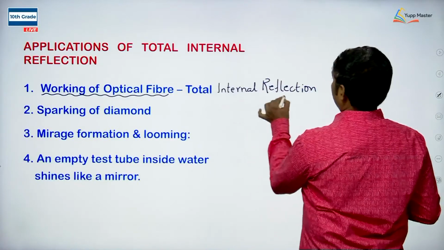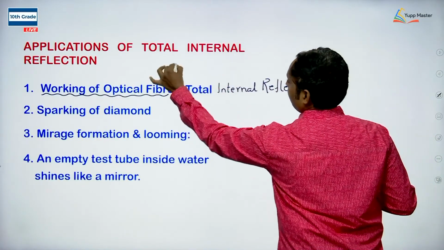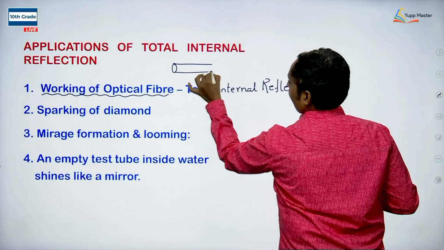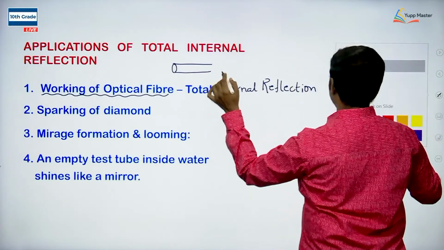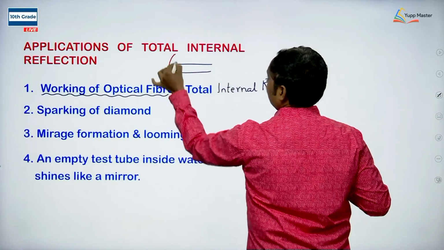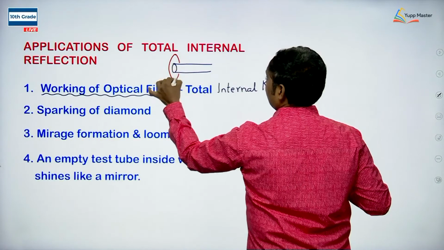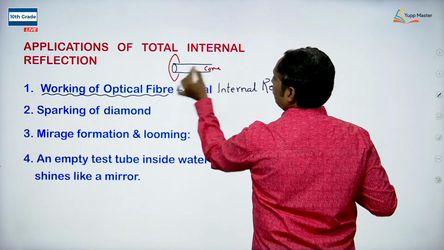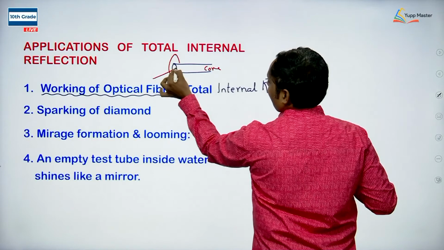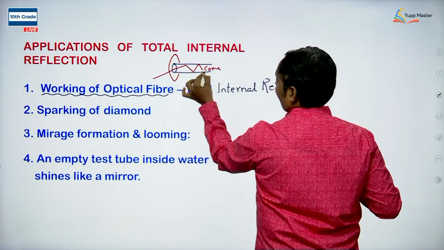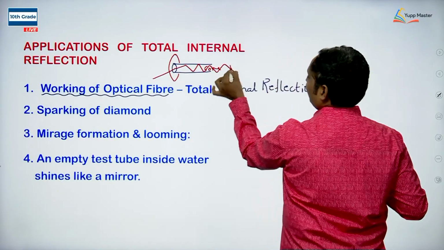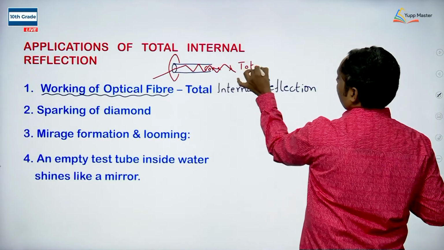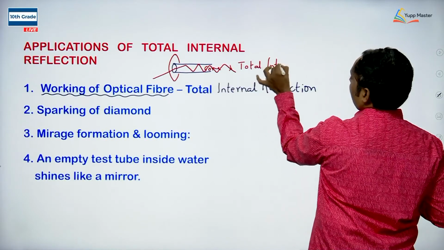So, if you take an optical fiber, it has a core which is surrounded by glass. This is the core. The incident light rays go in, and they are total internally reflected light rays.